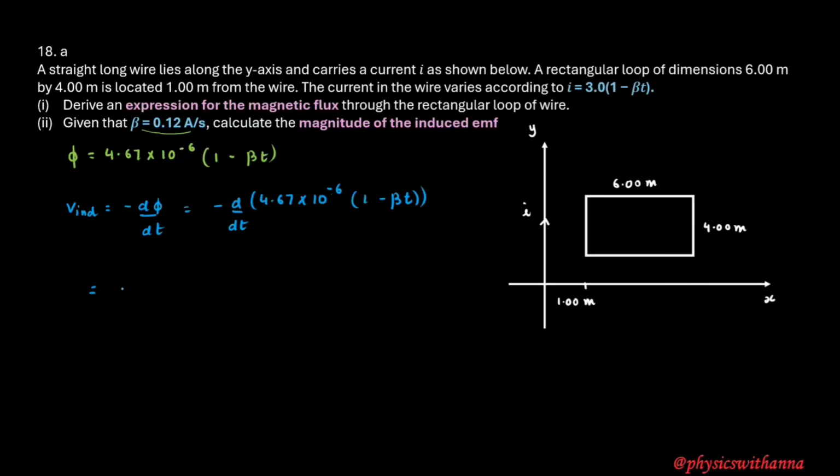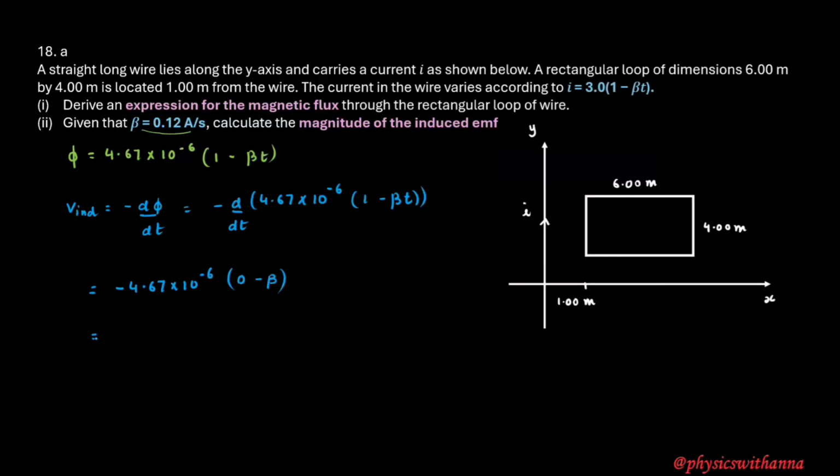That gives you negative 4.67 times 10 to the power negative 6. Now this number here is a constant multiplied to the rest of the term, so we can take it outside of the derivative. Derivative of 1, which is a constant without t, will be 0, and derivative of minus beta t will just be minus beta.